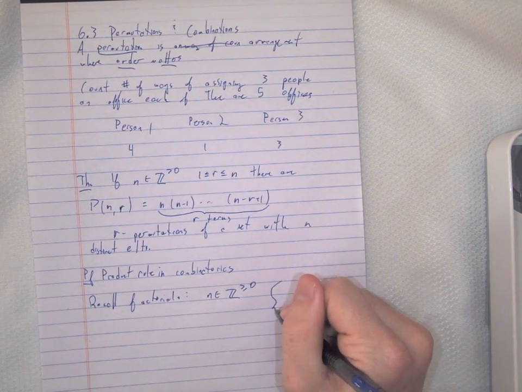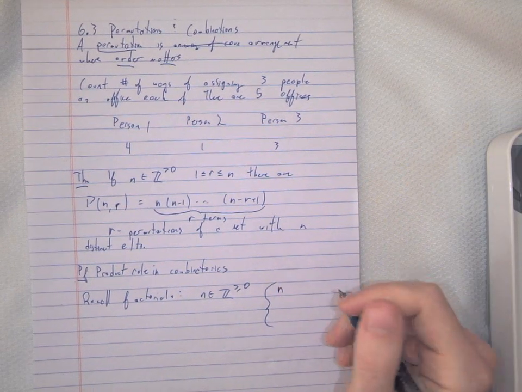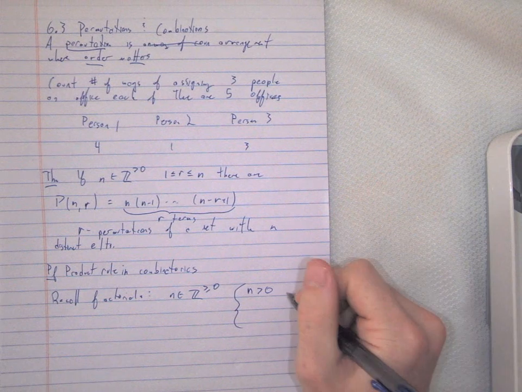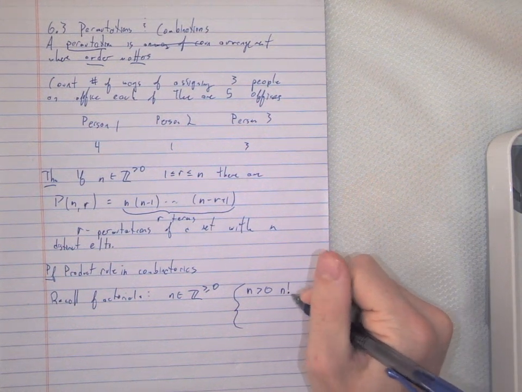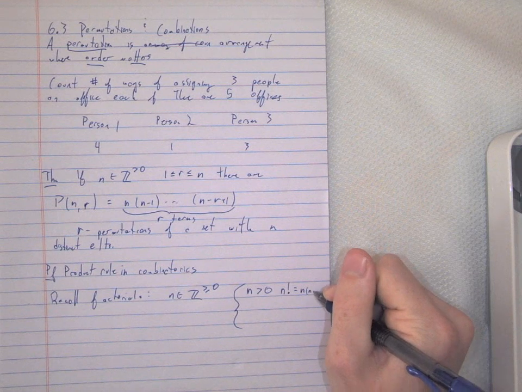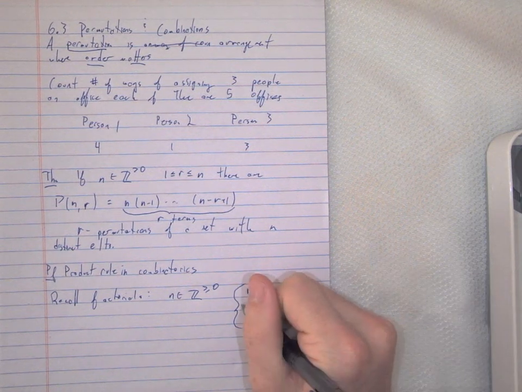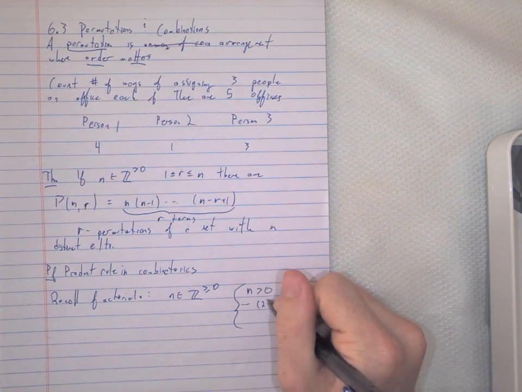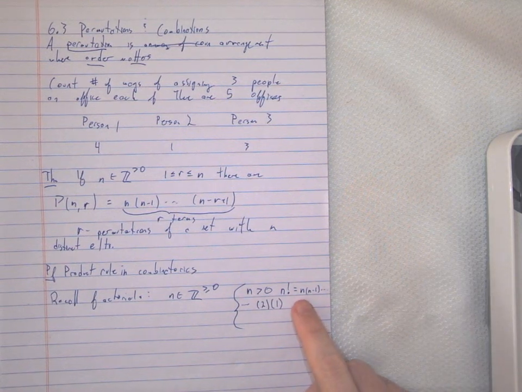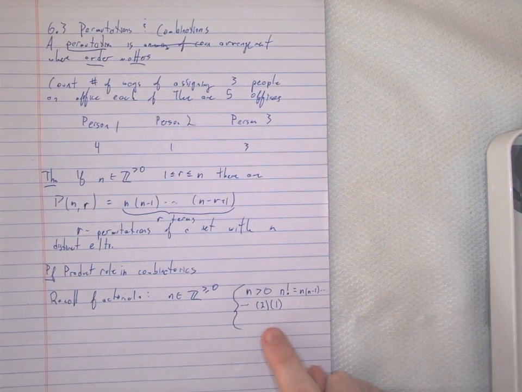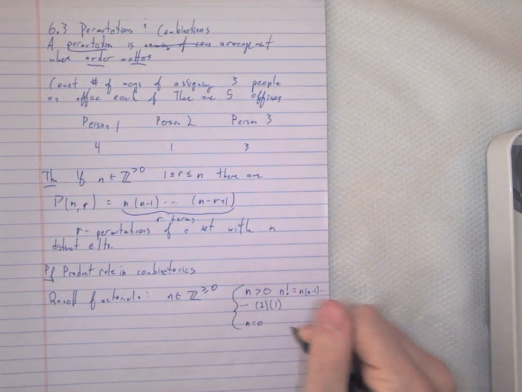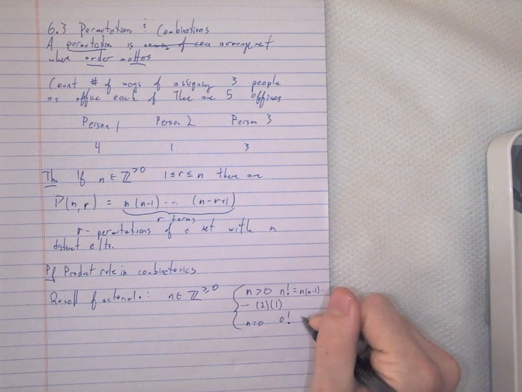Either n is greater than 0, and then n factorial is equal to n times (n minus 1) all the way down to 2 times 1. So it's the product of all of the integers less than n, including n. And then if n is equal to 0, then 0 factorial is equal to 1.